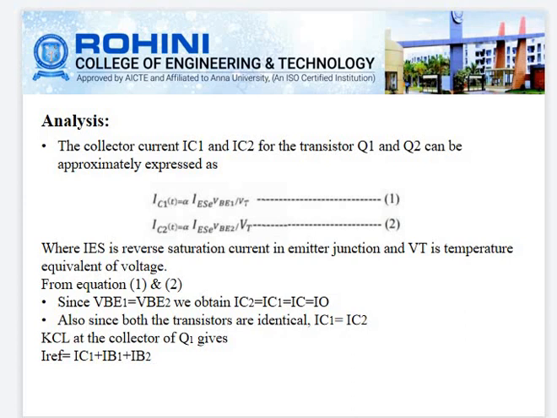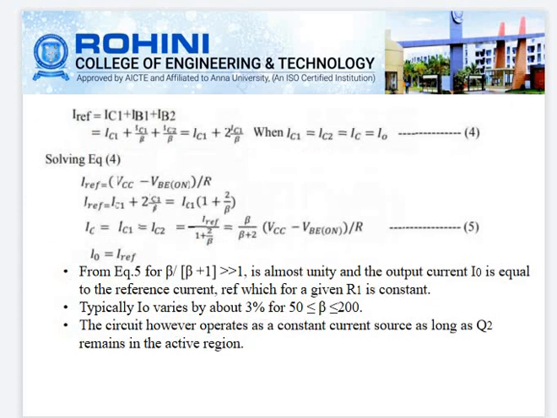Applying Kirchhoff's current law at the collector of Q1 gives the reference current I reference equal to IC1 plus IB1 plus IB2. So IC1 plus IC1 by beta plus IC2 by beta equal to IC1 plus 2 IC1 by beta. Here IC1 equal to IC2 equal to IC equal to I0.